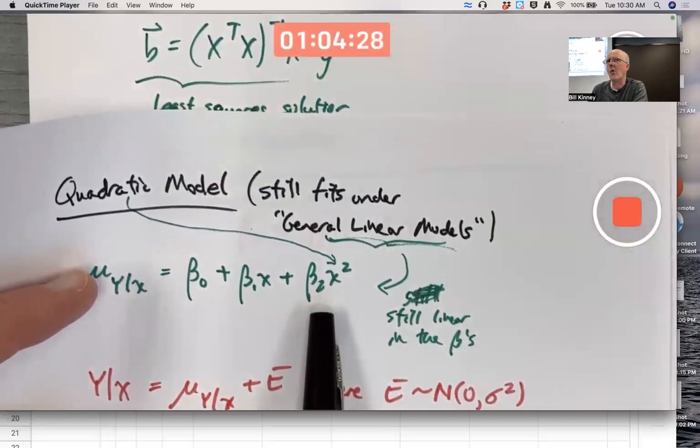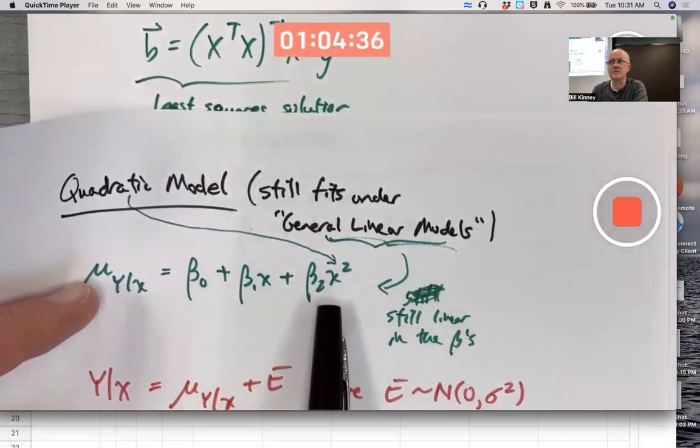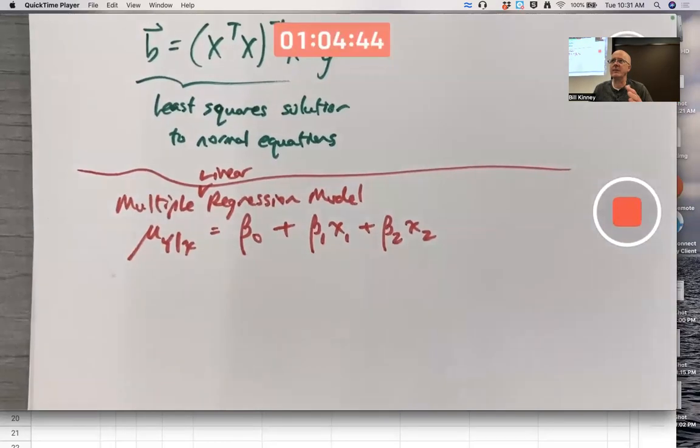Though you could call the plane x, x1, and you could call x squared x2. If you did that, it would fit this pattern, though those variables would be tied together. They wouldn't be fully independent of each other. But the book sometimes does that. They talk about that.